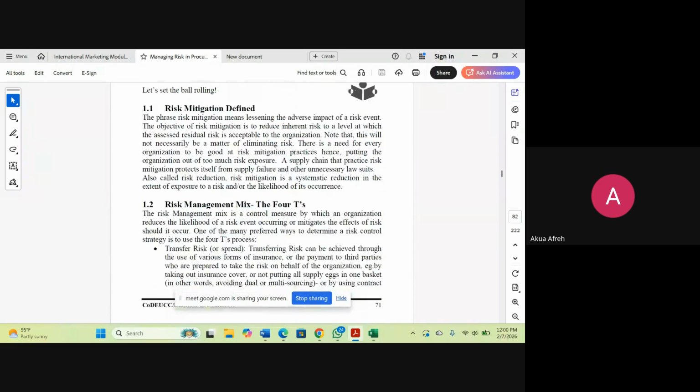When we talk about risk mitigation, all that we are trying to say is that we are trying to lessen the adverse impact of a risk event. And the goal of this risk mitigation exercise is to reduce inherent risk to an acceptable residual risk.